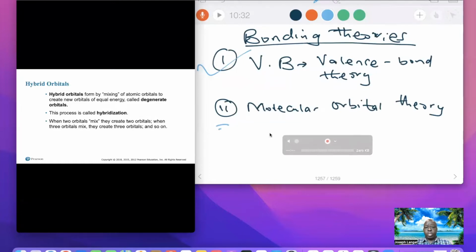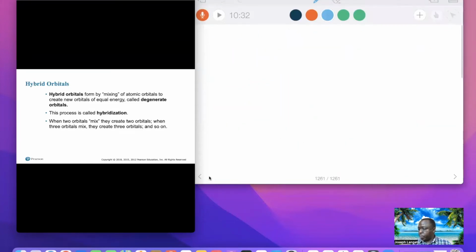Let me demonstrate how the mixing takes place. For example, in CH4, we know carbon has 4 valence electrons, which means it can form 4 bonds, and we have 4 hydrogens, each with a single bond.